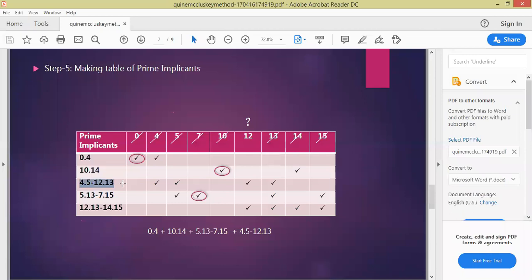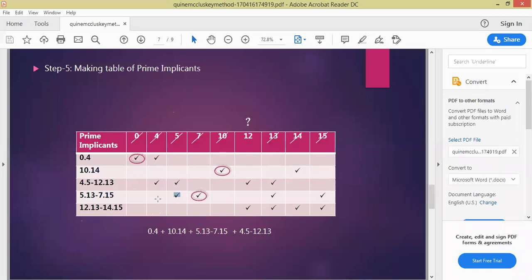So here this 4 is covered with one of the minterms in another group. 4 is grouped with this, so 4 is covered with 0, 4 over here. 5 is covered in this particular term. That's what we are grouping with respect to columns.